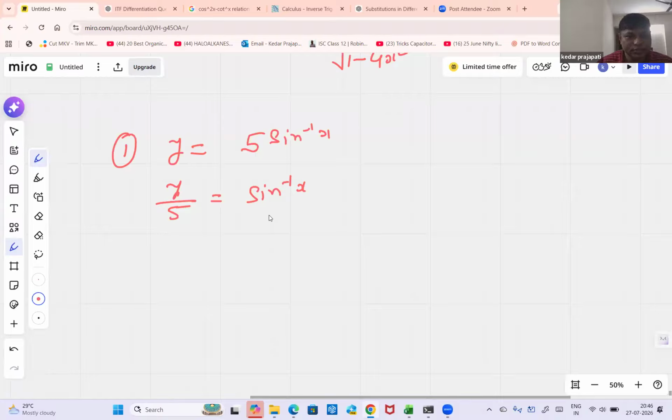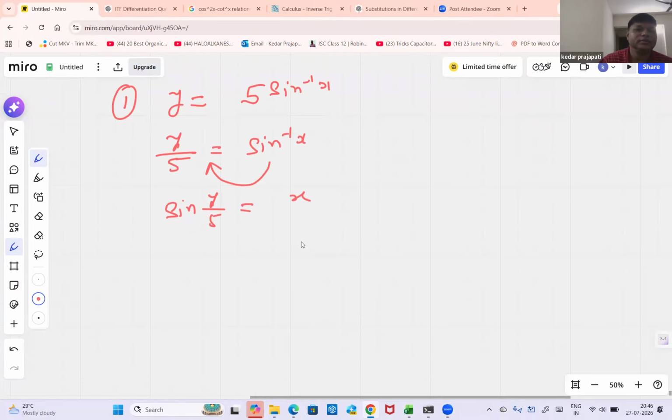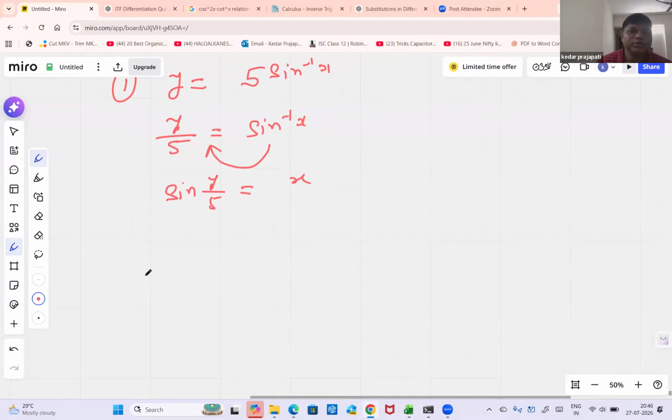Then bring the sine to this side, so this will become sin of y by 5 is equal to x. This method will be a little time consuming here, but you will not make mistakes. So differentiating with respect to x, what is the differentiation of sine? Cos, right?